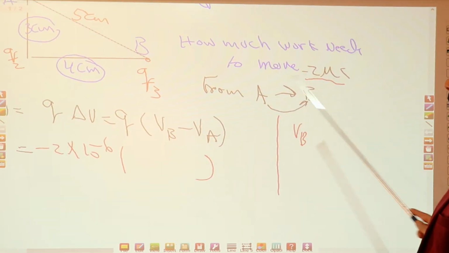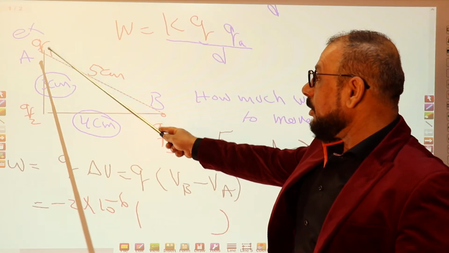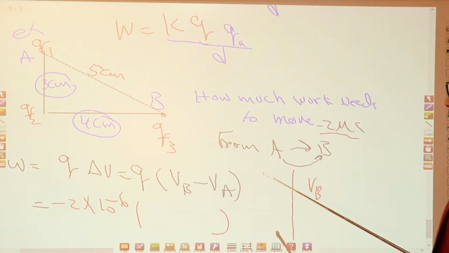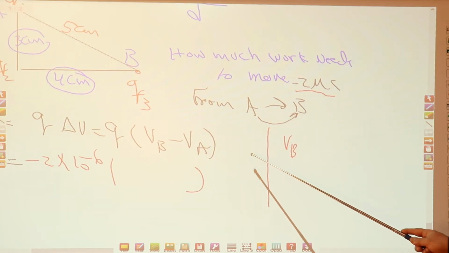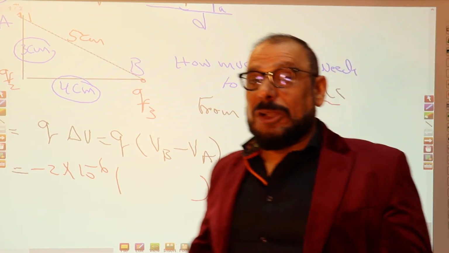Then I have to find what VB and what VA are. What is VB? V at B comes from what charges? Charge 1 and charge 2. If you remember from before, when you calculate the voltage, it's not a vector quantity.